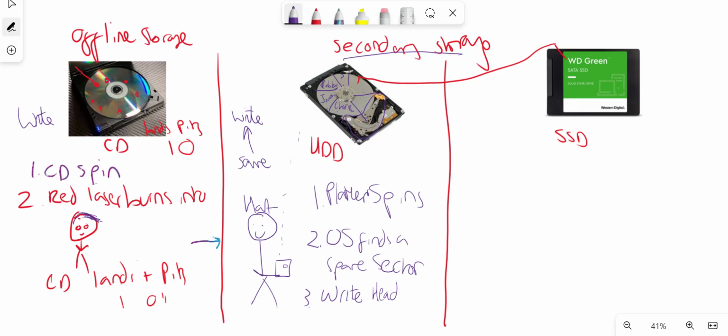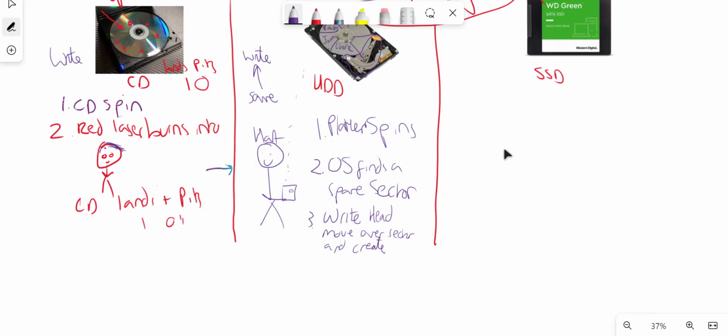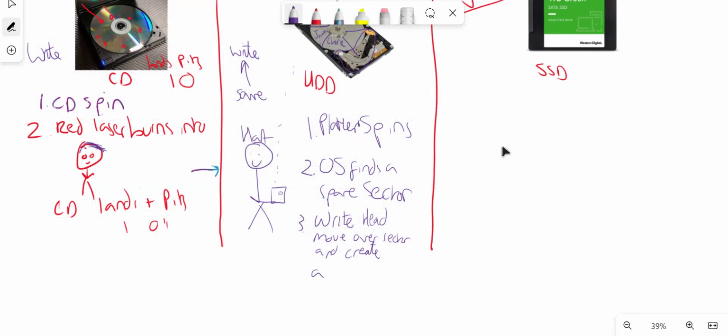And what a write head will do will move over the sector and create, I'm running out of room. Sorry, Devin, you can just move down. Cool. And create a magnetic field.